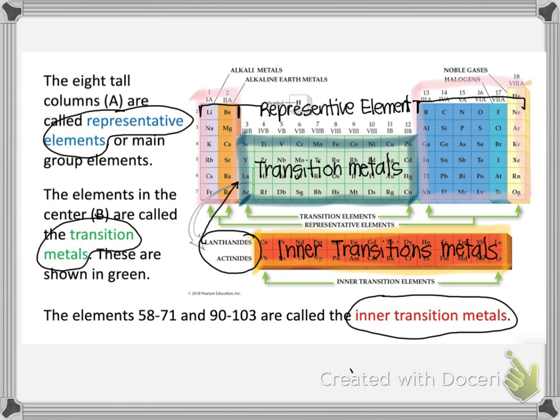They're based on the names of the elements right before we remove the inner transition metals. So from here, we need to know these three large categories. We need to be able to identify where the representative elements are, where the transition metals, and where the inner transition metals are.